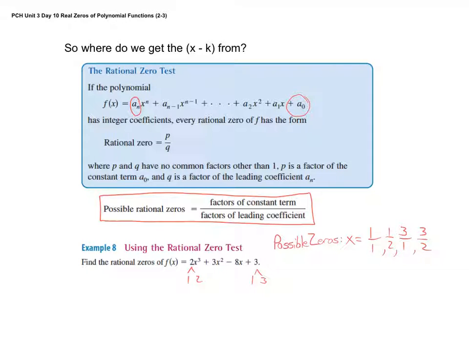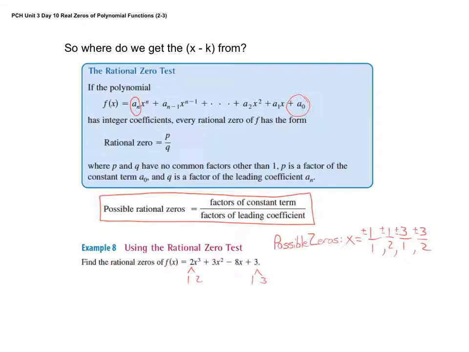But you also have to consider that there's more than one way to multiply things and get a positive. We could multiply two negatives. So for each of these possibilities, we actually have plus or minus that value. Now, I've written these out completely.